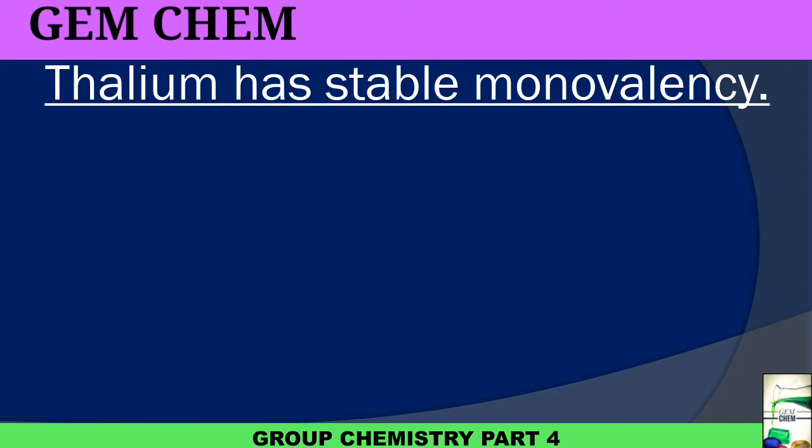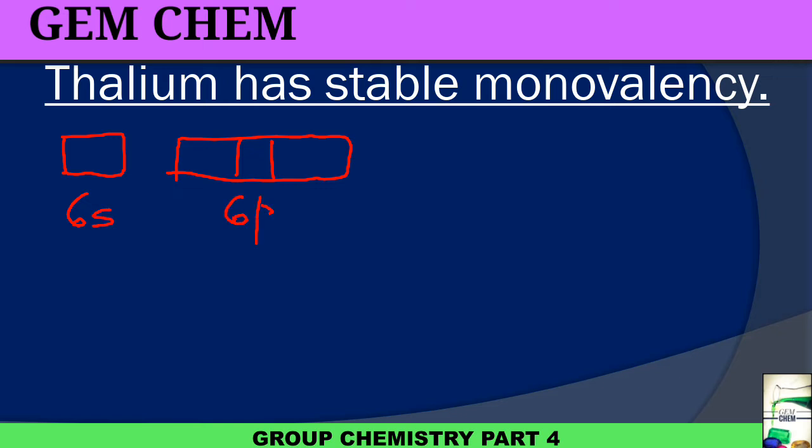Now if we further discuss this stable monovalency, suppose you consider this configuration. So this is our 6s and 6p. Right, here are the 2 electrons and here is 1. As we have already observed, no promotion is being allowed, and the configuration we also know. So the first reason is the inert pair effect and relativistic contraction of 6s.